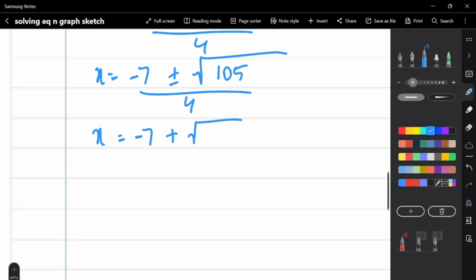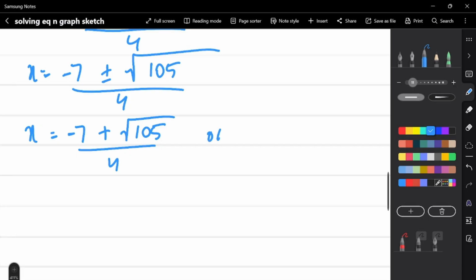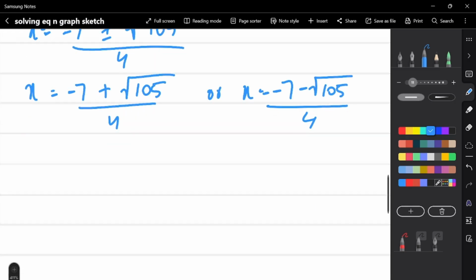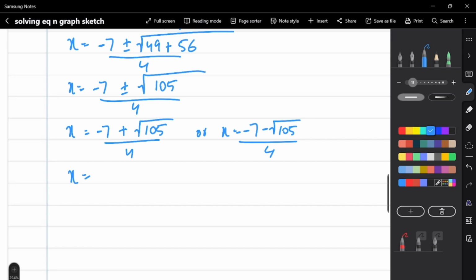Okay, so what happens from here on out is there are two formats to this equation now, one having the plus sign and one having the minus sign. Alright, and I'm not going to be solving these values, I already have them on my calculator. So the first is 0.8117 and the second is minus 4.3117.